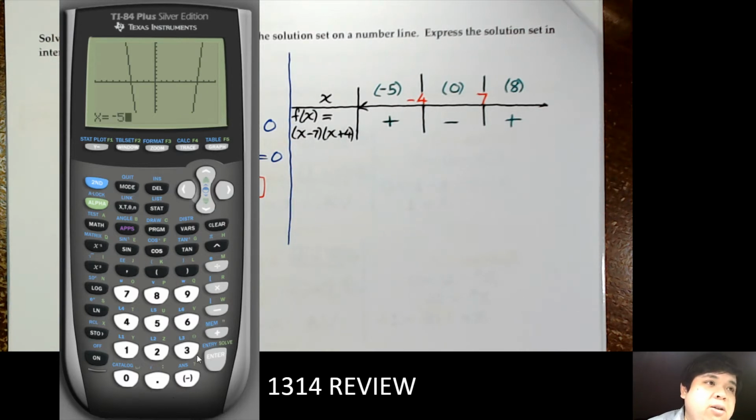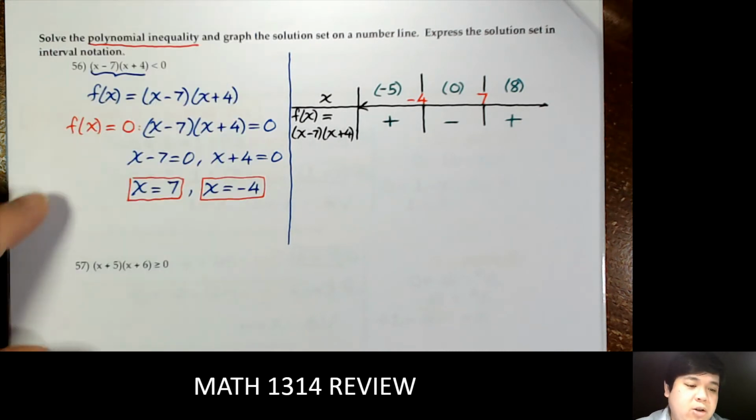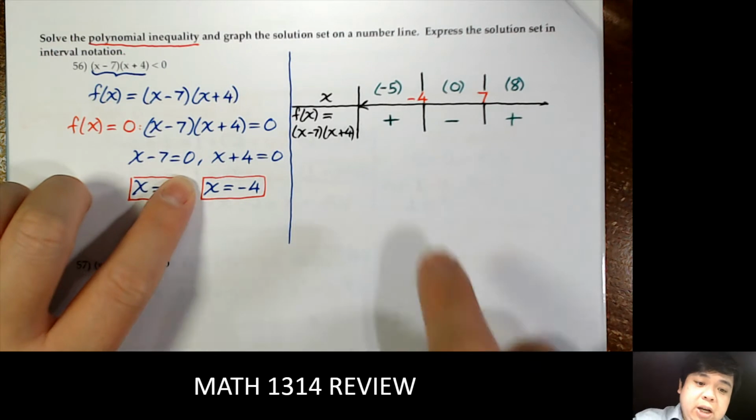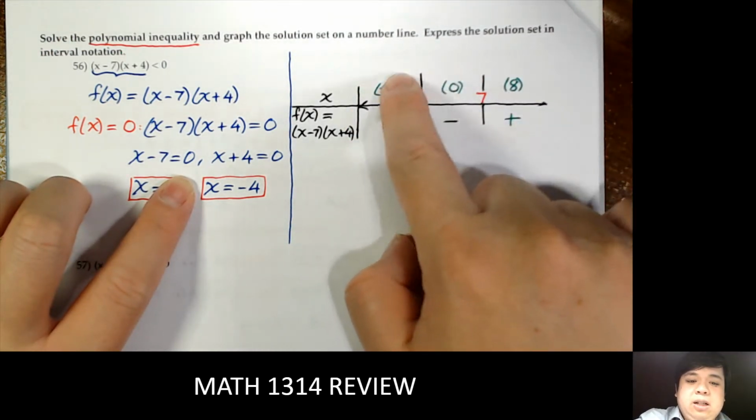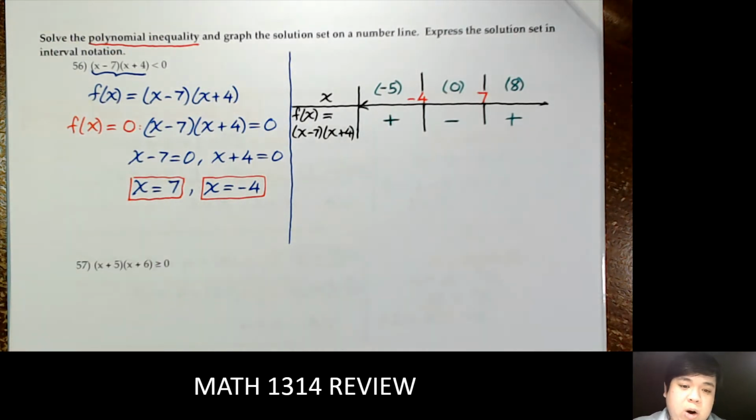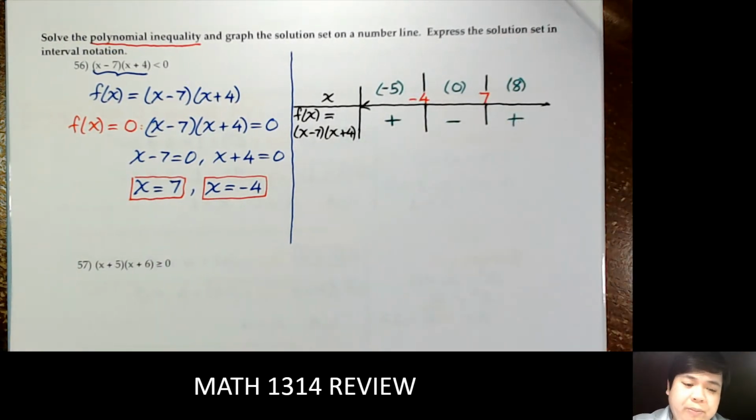So negative 5, 0, and then 8. But those numbers have to be on this number line, I mean the x-axis here. Right. So we have the sign chart. There's another way to do that, because all of these have multiplicity of 1. So when we pass through a multiplicity of 1, the signs will change.